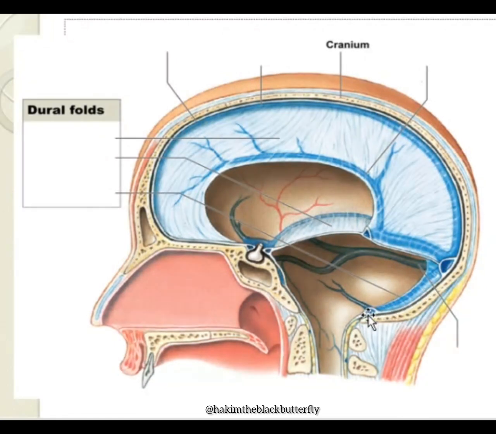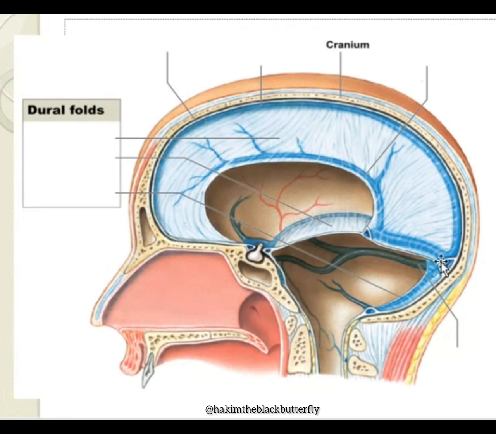So within the Falx cerebelli, there is another sinus known as the occipital sinus, which also connects to the confluence of sinuses. So what dural venous sinuses meet at the confluence of sinuses? We have the superior sagittal sinus, we have the straight sinus, and we have the occipital sinus. They all meet at the confluence of sinuses.